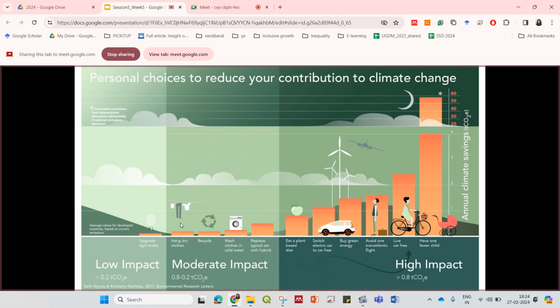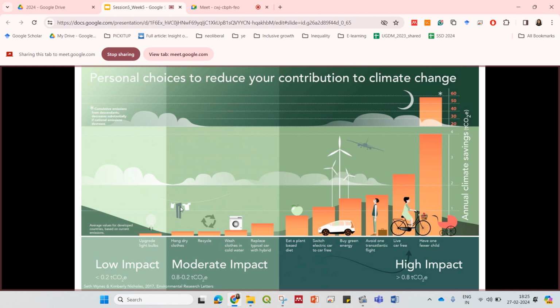Things like hang drying clothes instead of using a clothes dryer, recycling your waste, and then washing clothes in cold water instead of using hot water for washing your clothes, and also replacing a typical car with a hybrid car, so a car which uses electricity and fossil fuels both, can have a moderate impact on the amount of carbon emission that will be released, and will have a moderate impact on climate mitigation.